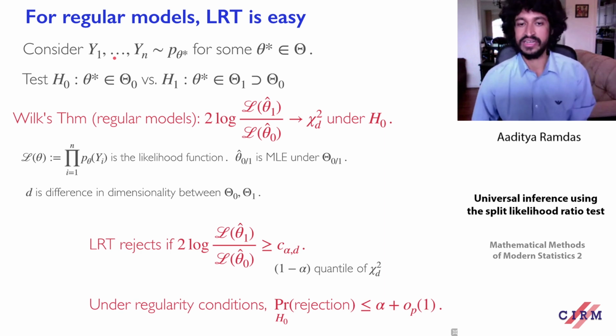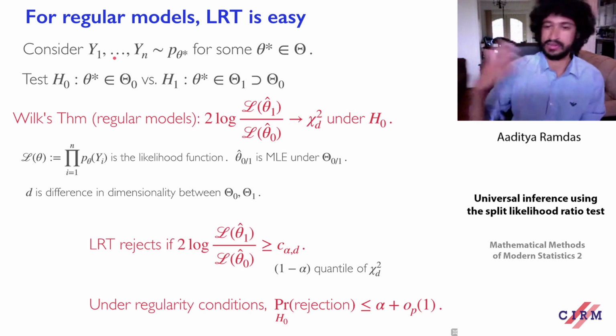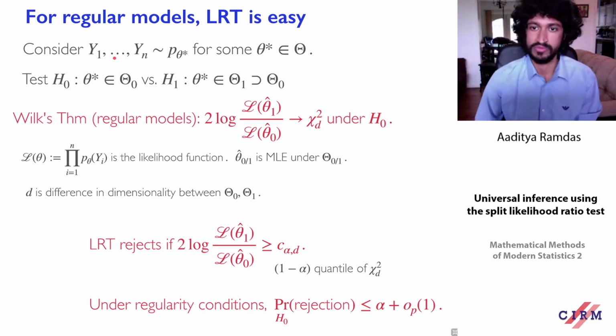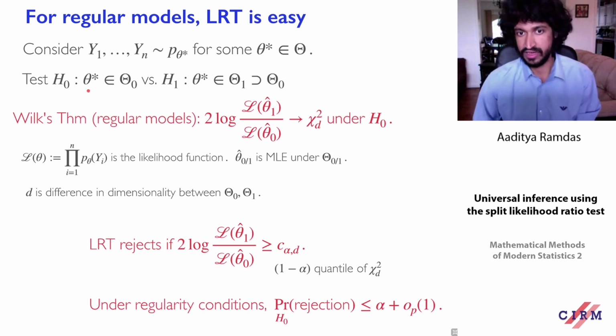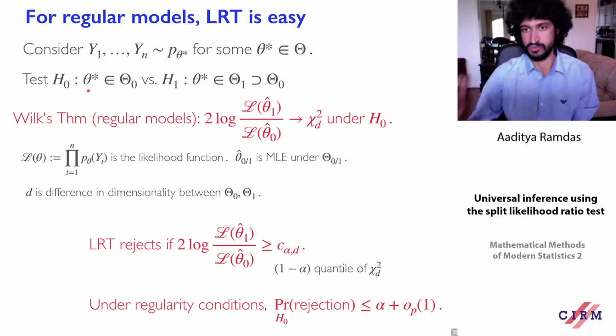Even though I've written things here in a parametric language, we'll see that later on we can do things non-parametrically as well. So here, assume that we are testing that theta star is in theta naught against an alternative that theta star is in theta 1, which we usually say contains theta naught.